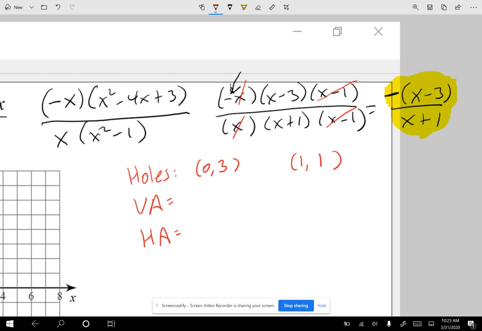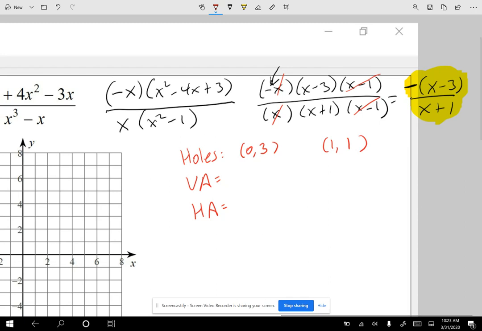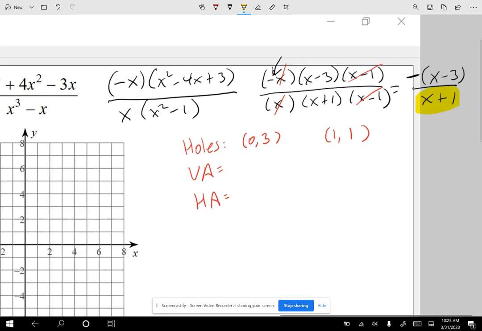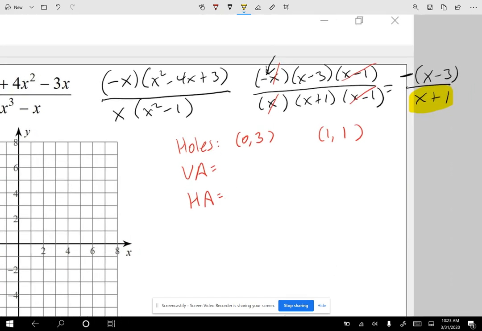Remember, if things are able to cancel out, I get holes. Now, my vertical asymptote, I'm looking at the bottom of my expression. So I'm looking at x plus 1. And I ask myself, what value of x will make that equal to 0? So my vertical asymptote is going to be at x equals negative 1.